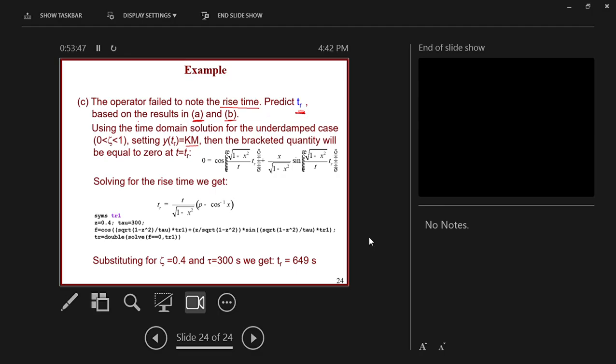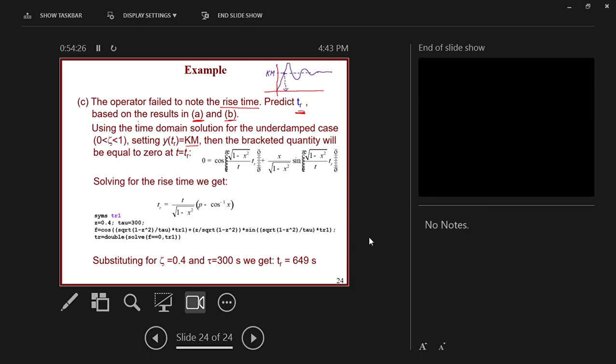Let me demonstrate this graphically. So again, I will draw the dynamics of the process. I have something like this. This is an underdamped system. Now, this is the steady state value, which is Km. The rise time is this.